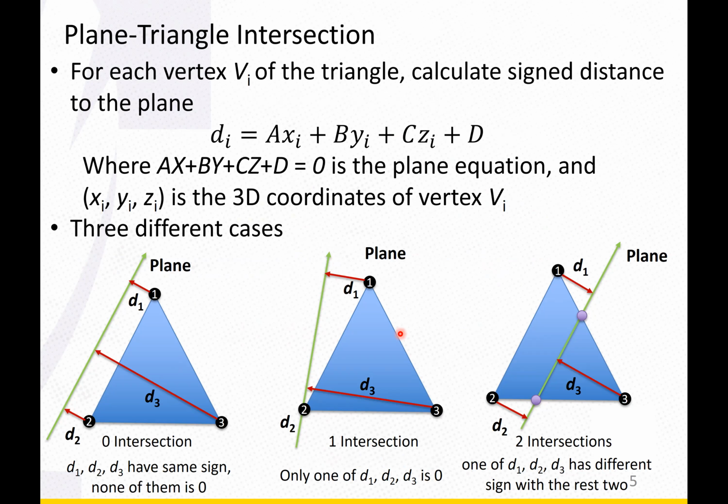But the core is this, the plane triangle intersection. So they all suffer from the numerical problems I mentioned. But I think there will be some new thing coming out to partially solve this problem. I won't say solve it entirely.